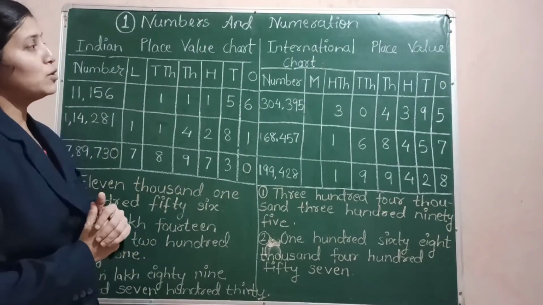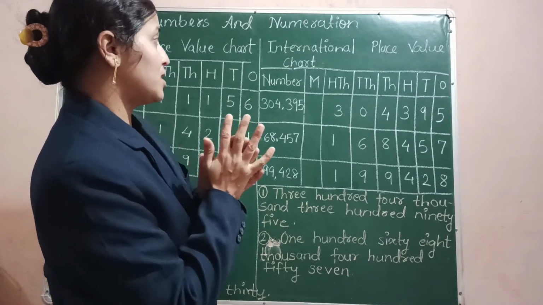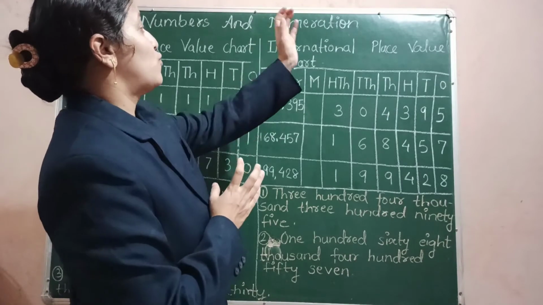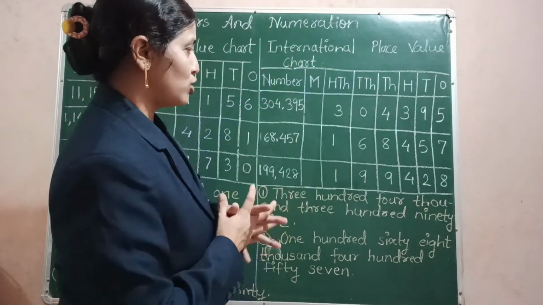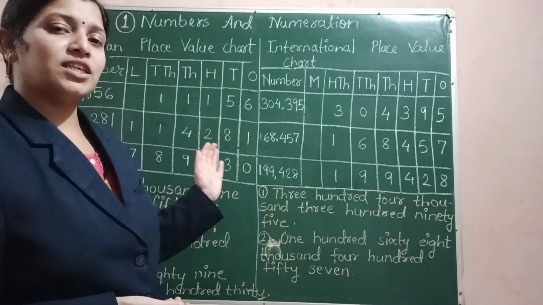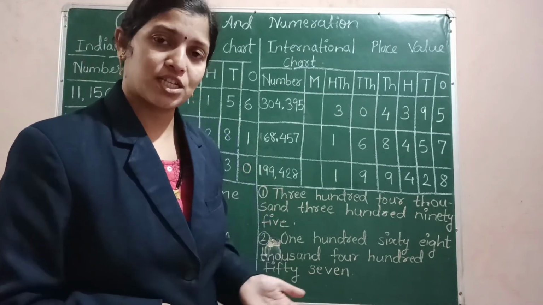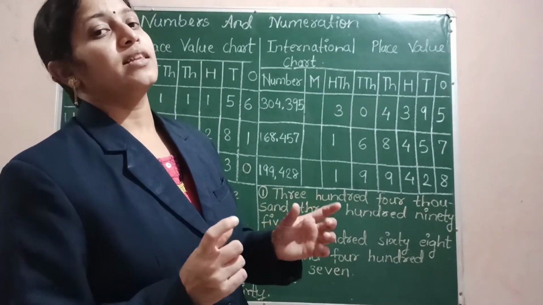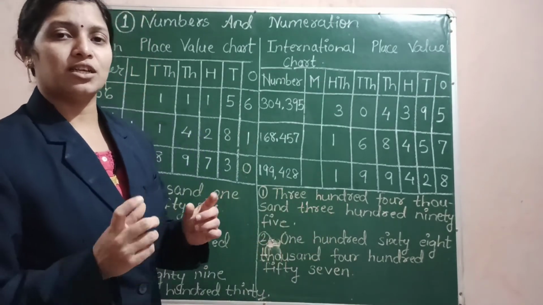So now we will have a look at some numbers which we have to read and write in the form of international place value chart. So we know that there is a slight change in the Indian place value system and international place value system. The periods are somewhat changed and the place values also get a little bit changed.